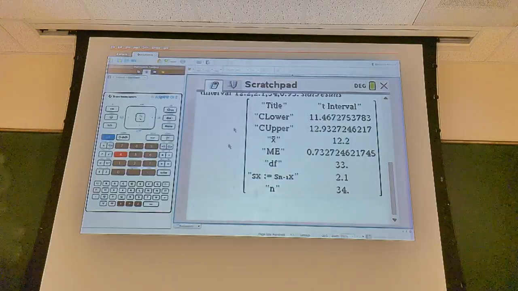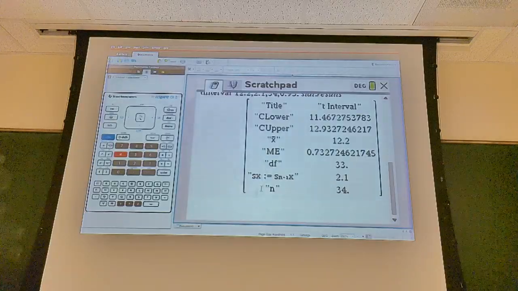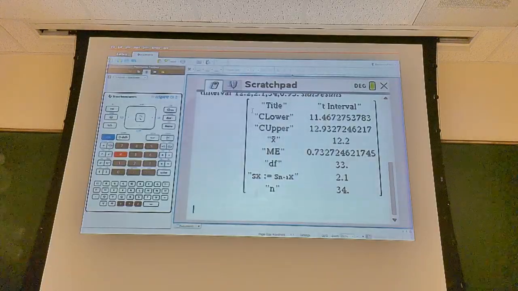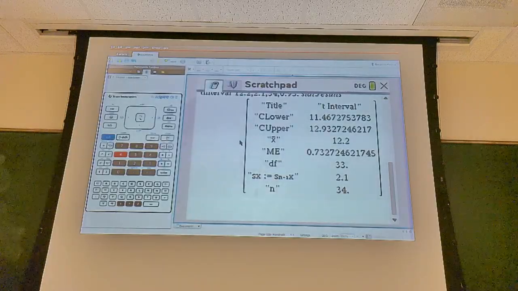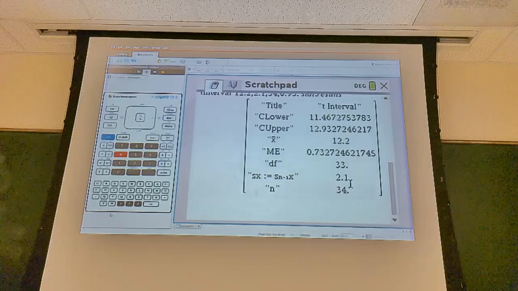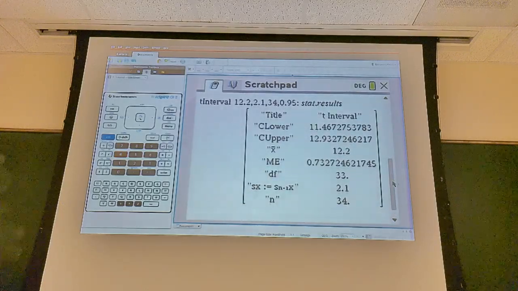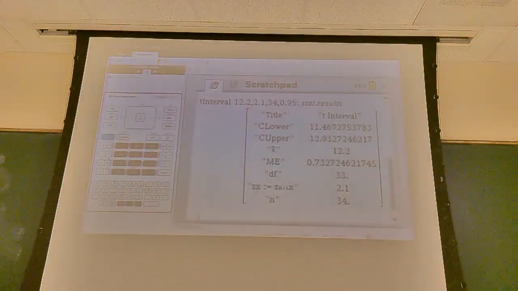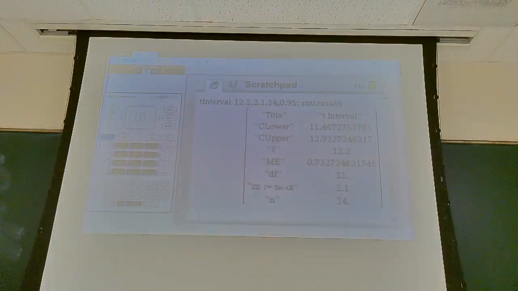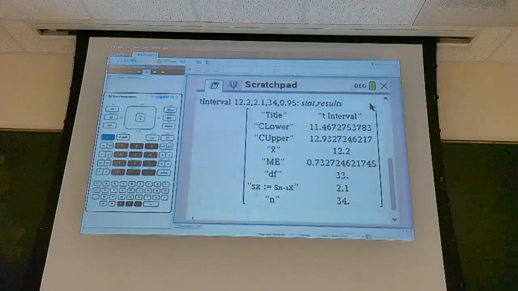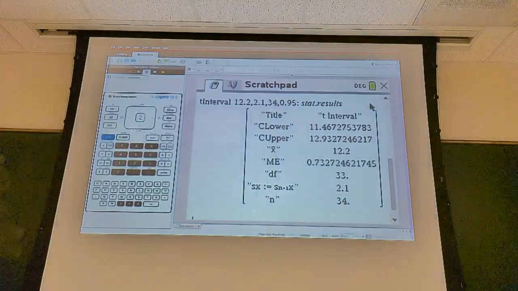And again, it will give us a summary of everything, but really, all we care about is the C lower and C upper. So this whole thing.